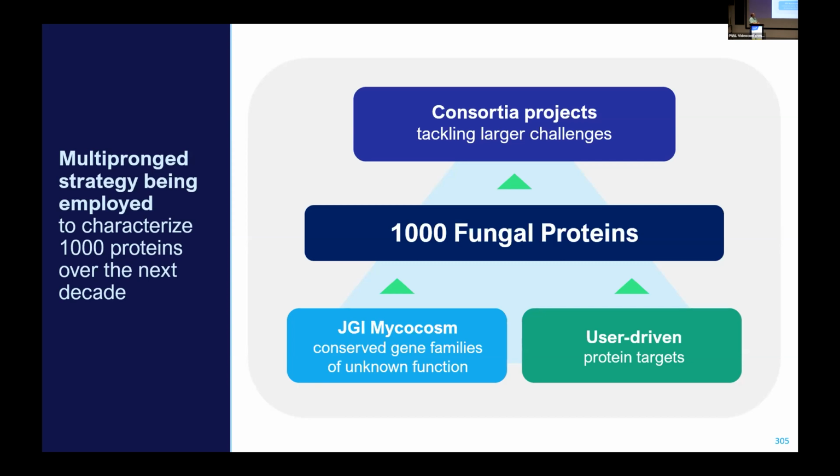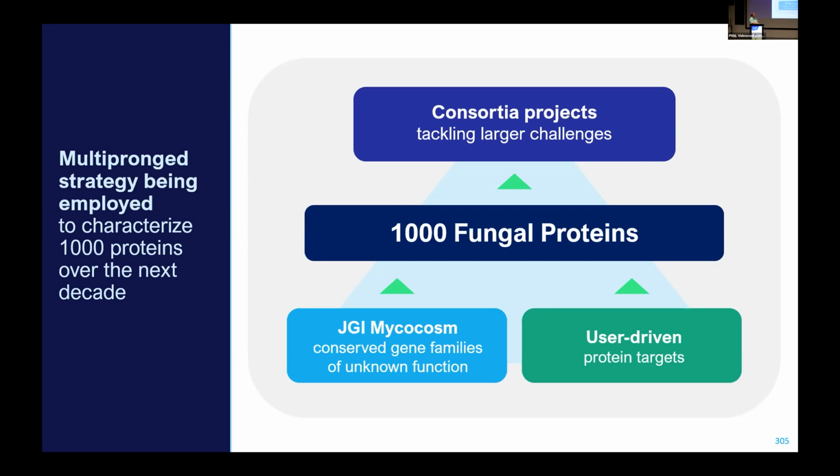But really the focus of all of this is trying to engage the community as much as possible to provide targets for us, in order for us to help do functional and structural characterization to further advance your science. So we're really focused on user-driven protein targets that come in from user calls.